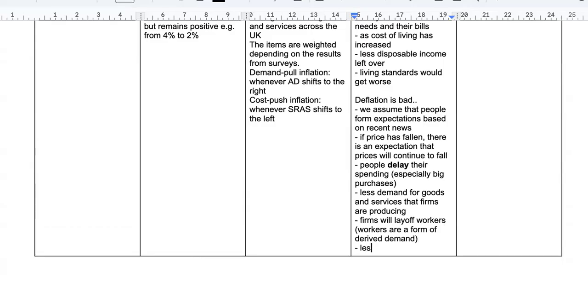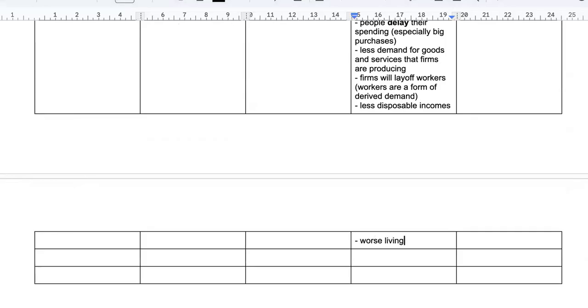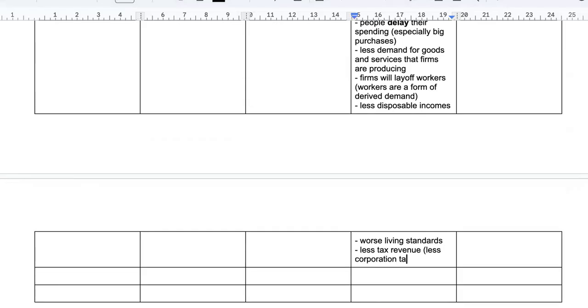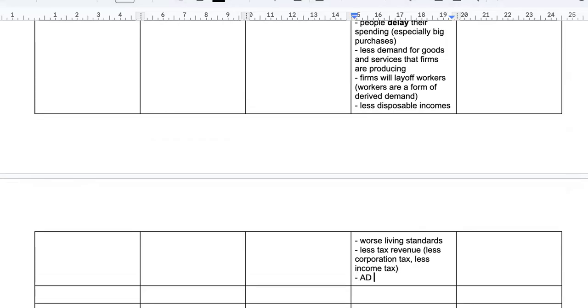As a result, less disposable incomes, worse living standards, and also less tax revenue for the government in many forms. So less corporation tax, less income tax. And if all this stuff is happening, AD, which we're going to learn about later, would fall more.